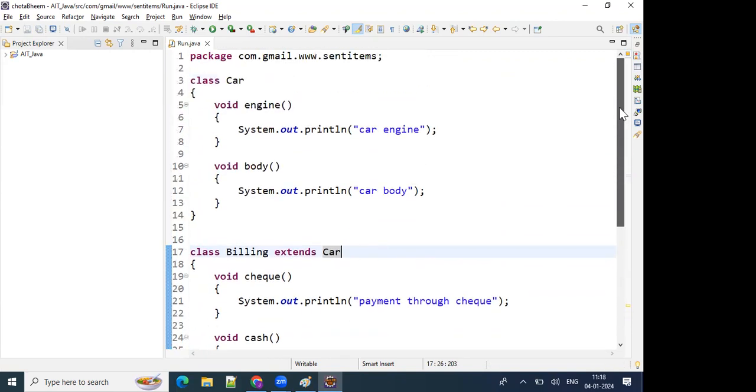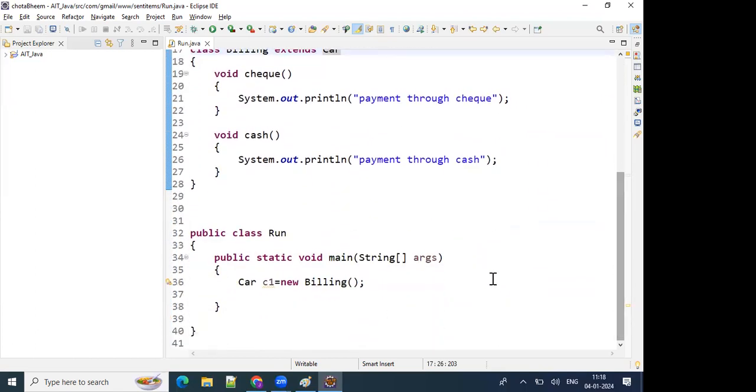Two classes, one is car, one is billing. Very simple. So new of billing, car C1. So how to do downcasting? Create a billing reference equal to C1.